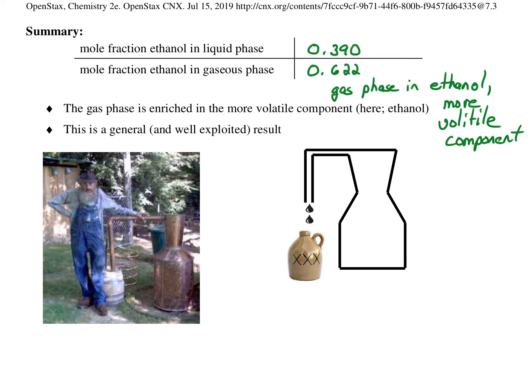For example, if we had a pot here of corn whiskey mash that has some amount of alcohol in it, due to fermentation, and we apply a little bit of heat to it, we can increase the number of particles that are in the gas phase, and further we know that the gas phase is going to be enriched in ethanol.